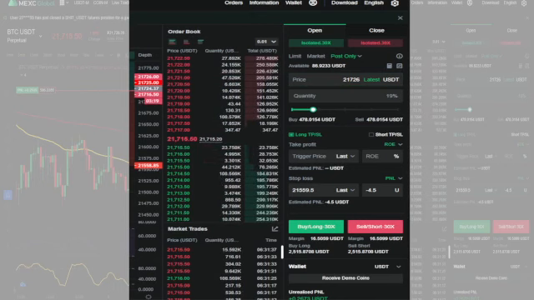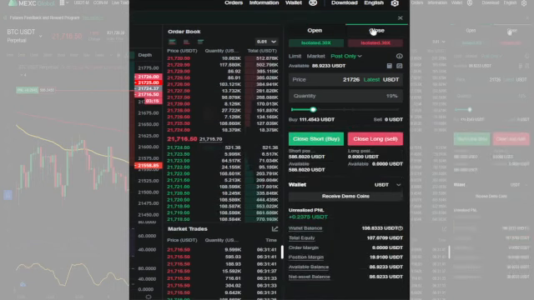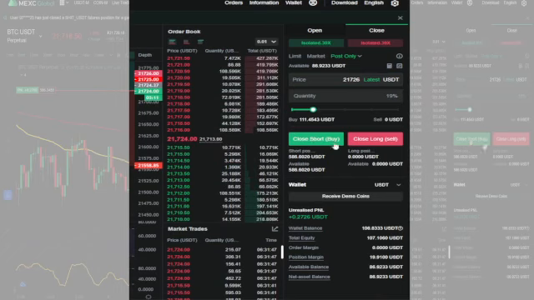And now, what I like to do is up here at the top, I hit close. Now I'm looking to close that short by making a buy order. You need to have selected the same amount of money that you have in the order.